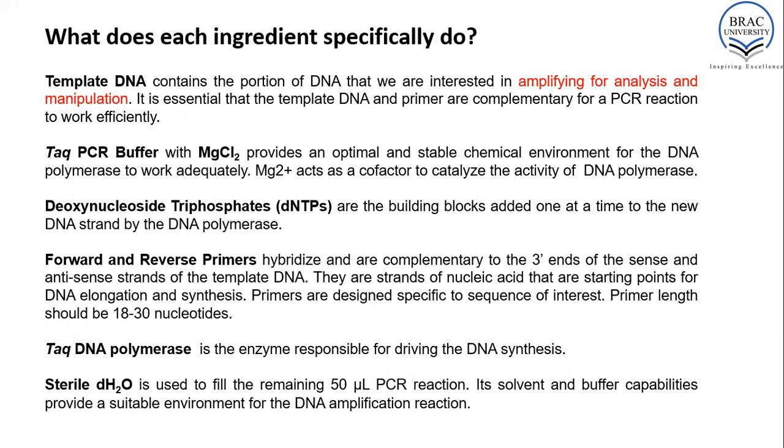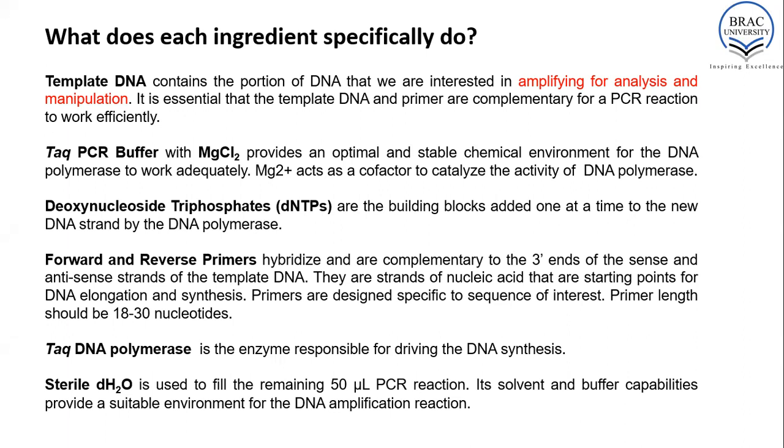But depending on the primer, if you have a long primer, maybe 40 base pairs, your melting temperature will be high. If you have a primer of 25 to 30 base pairs, then your melting temperature will be a bit lower, maybe in the standard zone.